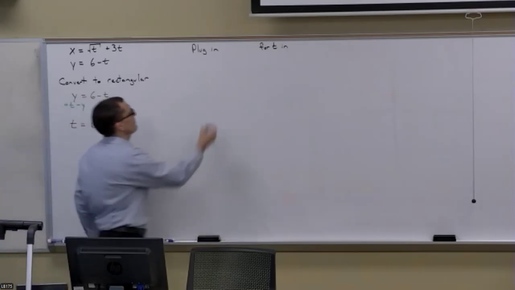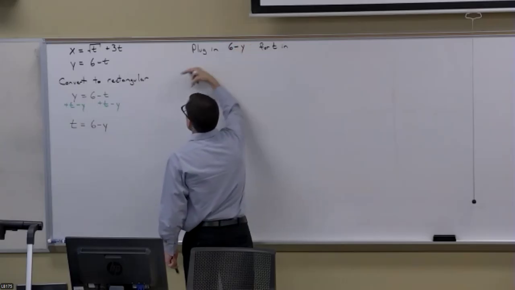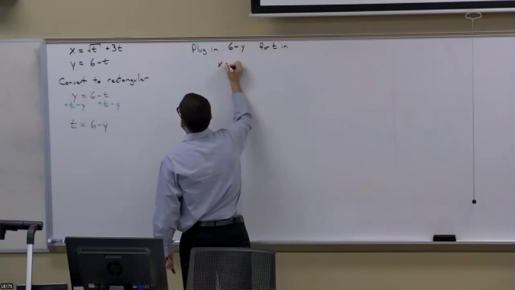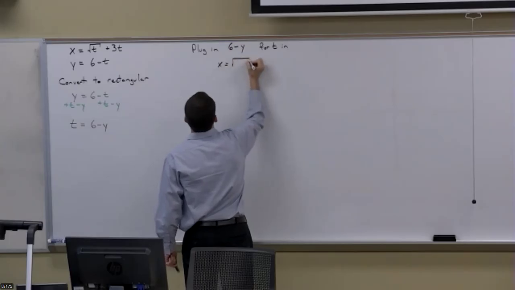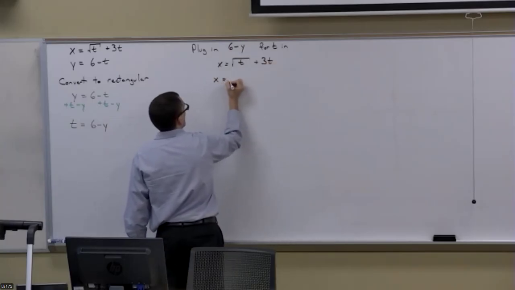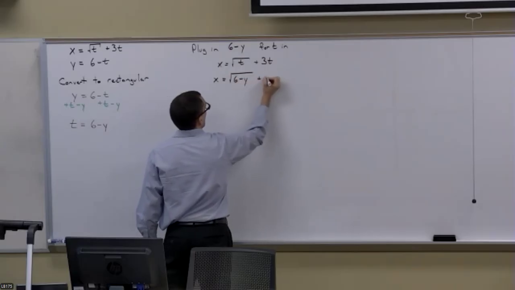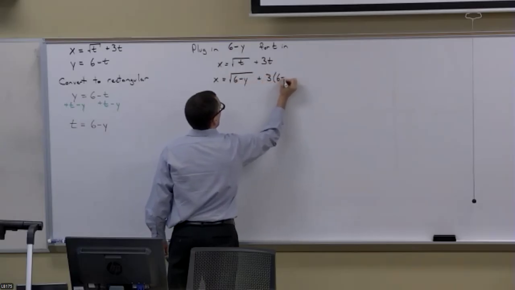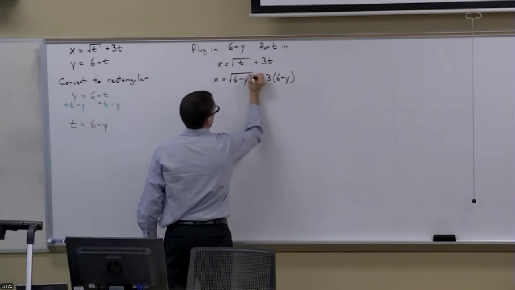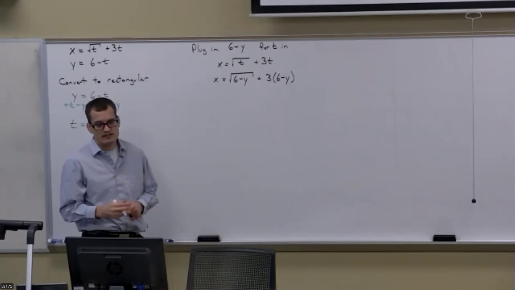And then I'm going to plug in that 6 minus y for t into my other equation. X equals root t plus 3t right now. And then the t gets replaced with a 6 minus y. Make sure you put parentheses around the 6 minus y here, so you don't just get 18 minus y.